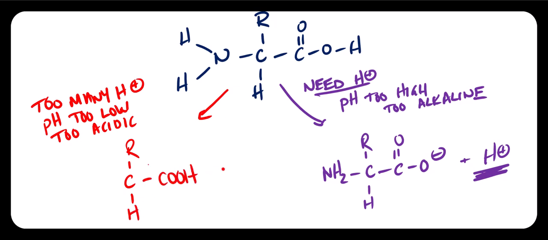I'm going to draw my carboxylic acid the short way now because I'm not going to do anything there. Got my amino group spelled out. I'm going to attach one more hydrogen ion. So now I've attached it. Took it out of solution, took it out of that count that I use when I'm calculating pH as the negative log of the molar hydrogen ion concentration. I just got rid of one of my too many.